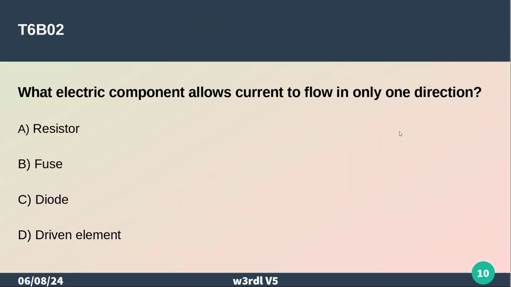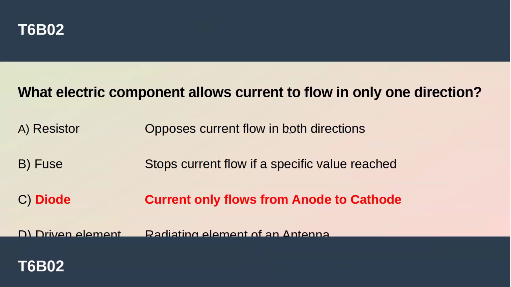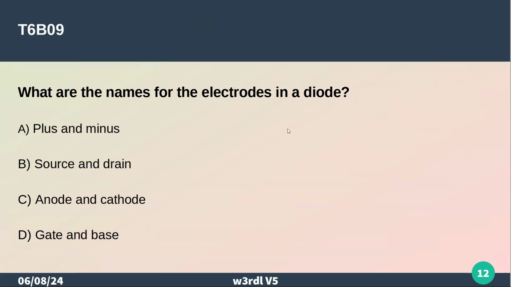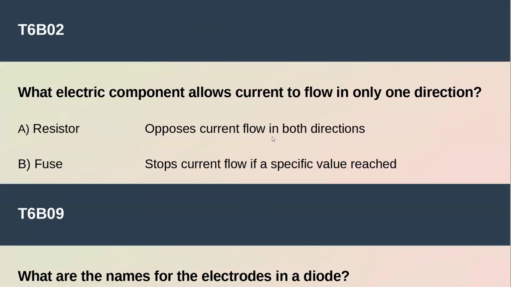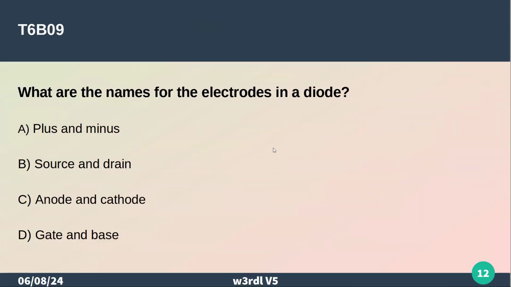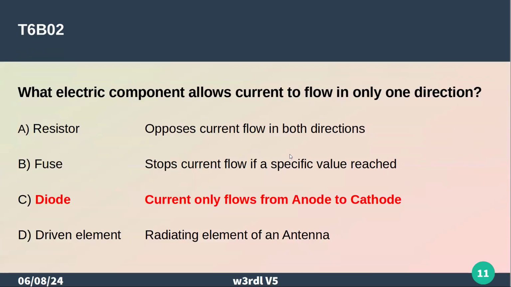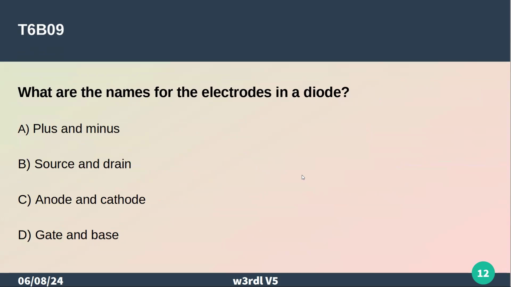So what electric component allows current to flow in only one direction? Charlie. What are the names for the electrodes in a diode? Charlie.